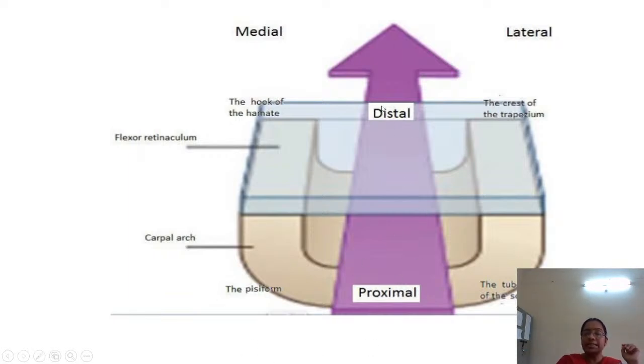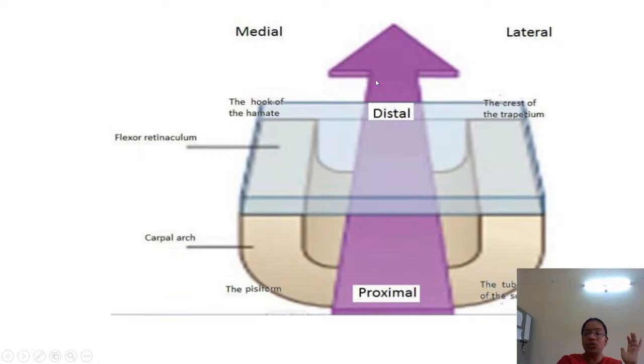When you see it distally, it is continuous with the aponeurosis of the palm. Because it is a continuation, you can come across the palmar aponeurosis. Distally, the flexor retinaculum continues with the palmar aponeurosis which is present in the palm. So this is the extension, medial, lateral, proximal and distal.